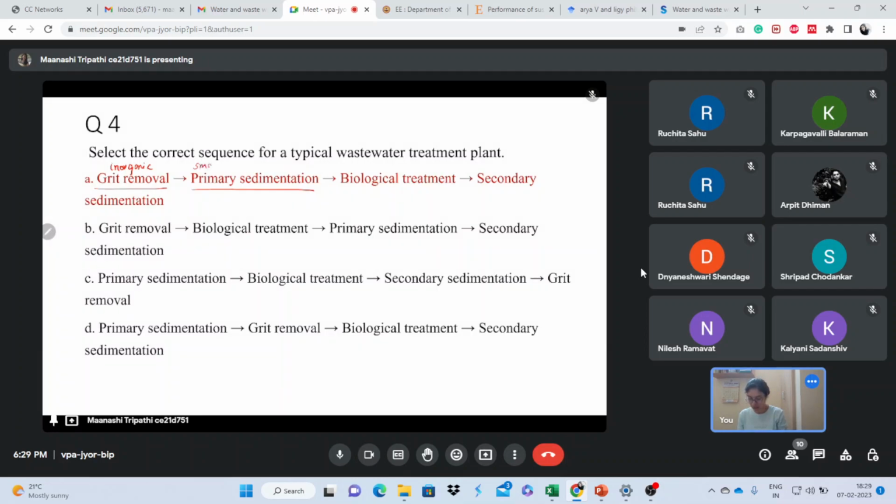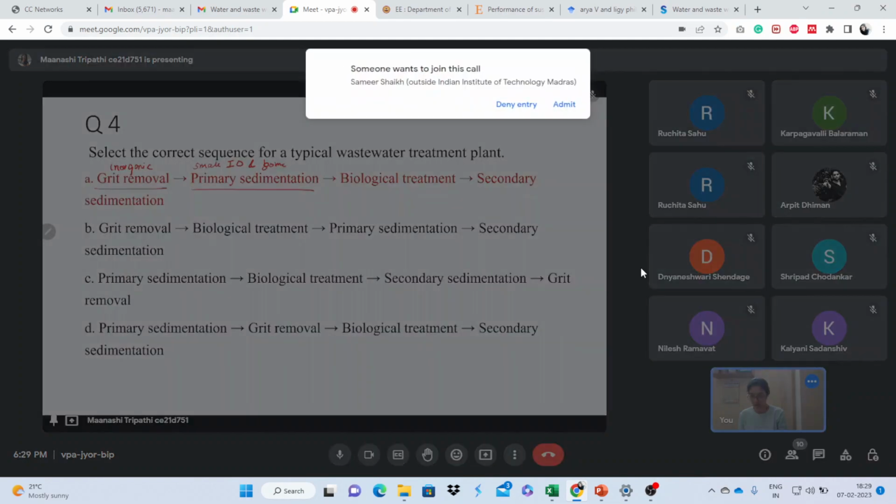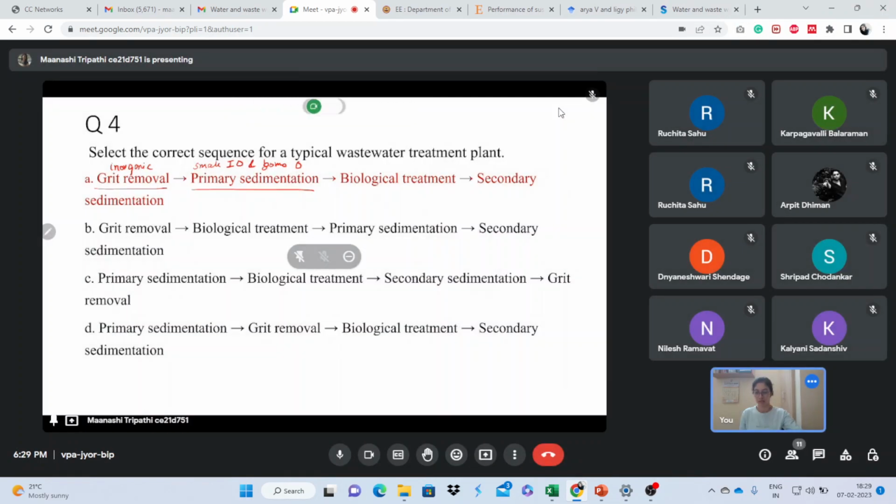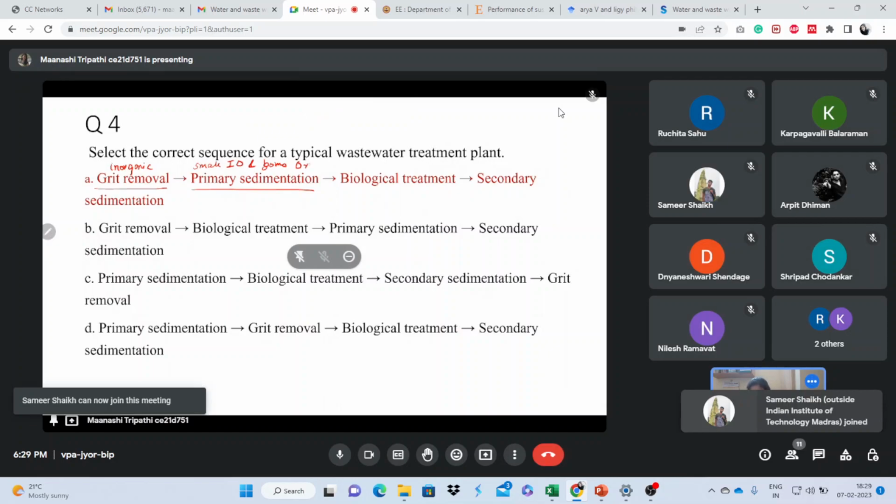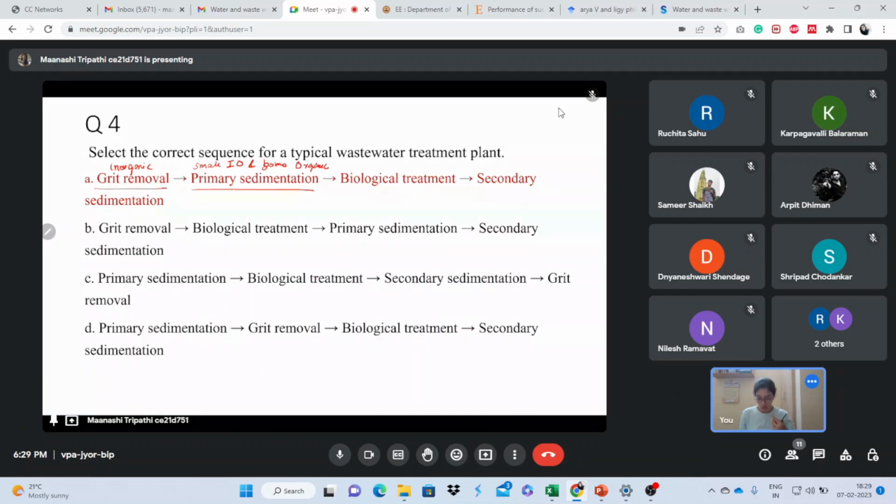Here we can remove small inorganic and some organic particles. Now sand is removed, all the inorganic particles are gone, and some organic particles are also gone, but we want to free the water of all the organic particles.